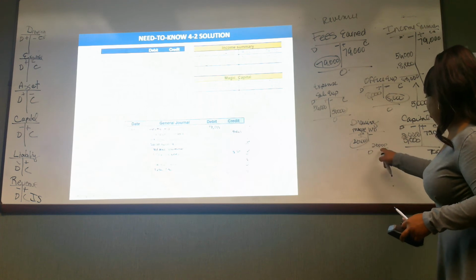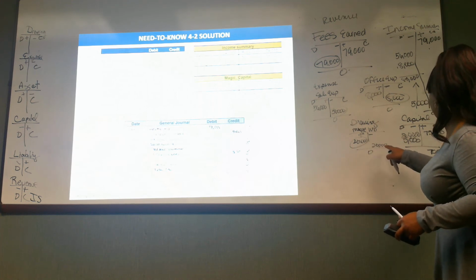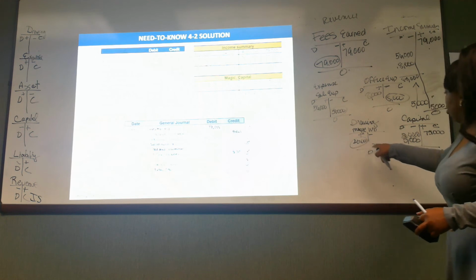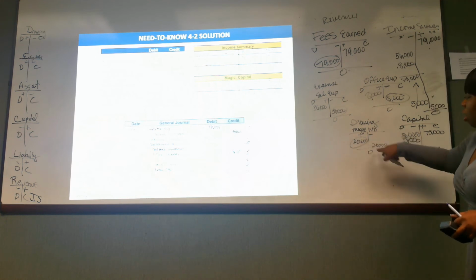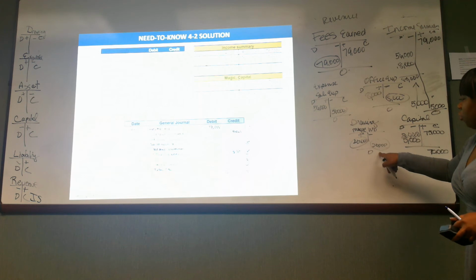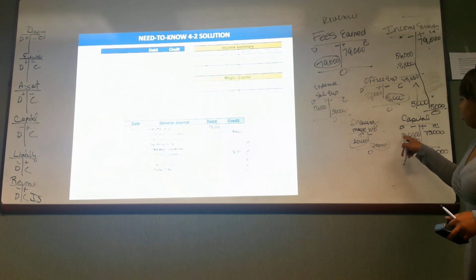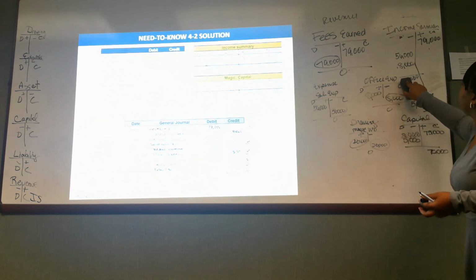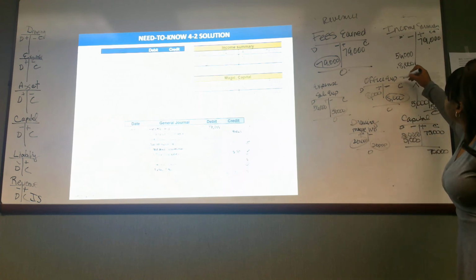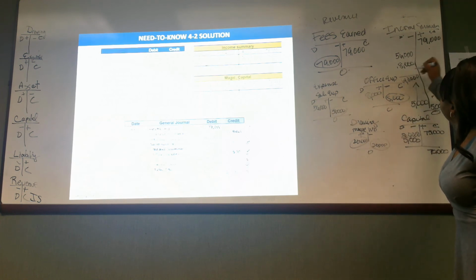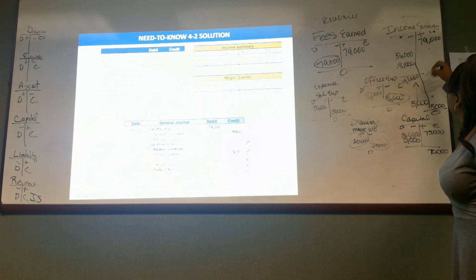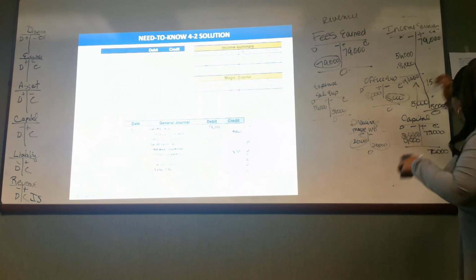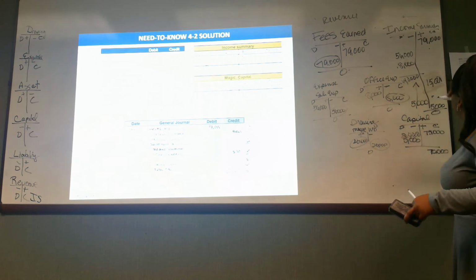So this was our entry to close it out to 0. The opposite side is this $20,000 as a debit to capital, and it doesn't go here. So instead of 84,000, this would be 64,000, and the difference between the two is 15,000 on the credit side.